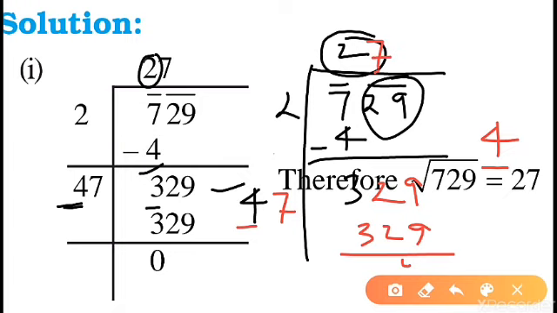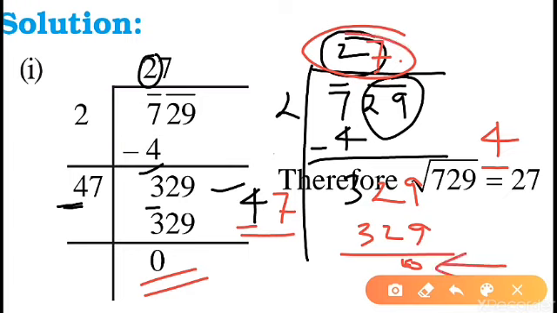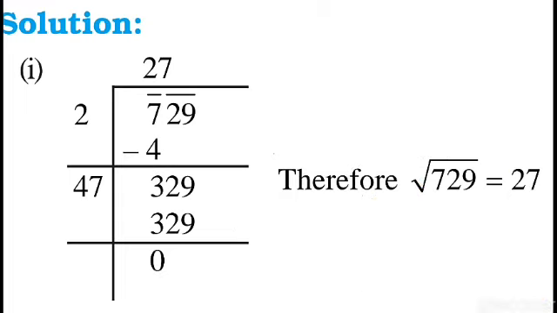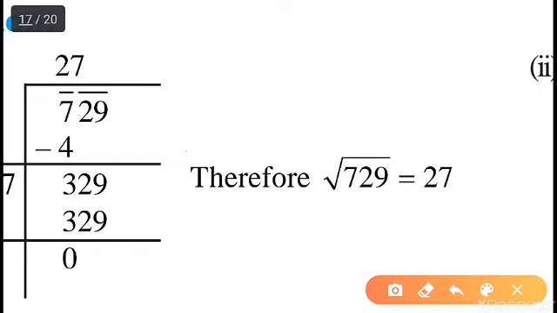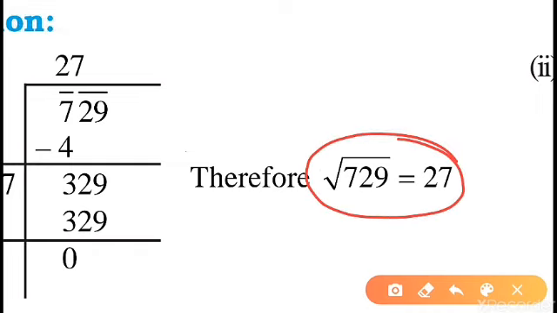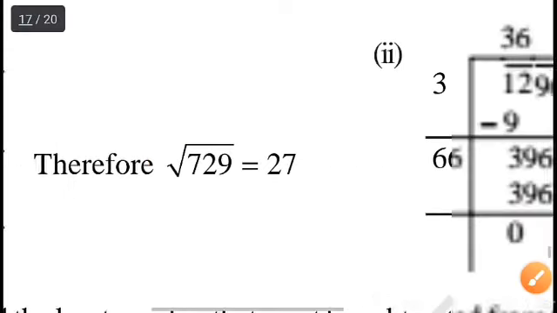So now the remainder is 0, and we have written here 47 multiplied by 7 equals 329. So 27 is the new quotient over here, and since we have got 0 remainder, that means 27 will be the square root of this number. As you can see here, the square root of 729 is 27. So it is easy to find out.